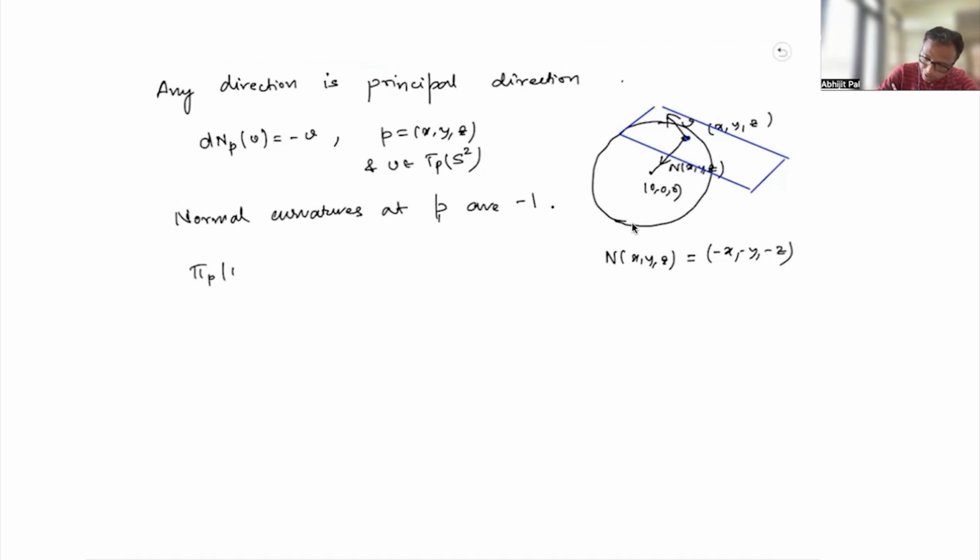Because the second fundamental form II_P(v) is equal to minus <dN_P(v), v>. So this is equal to minus <-v, v>, which is equal to 1. Sorry, so the normal curvatures at P are in fact 1 here.